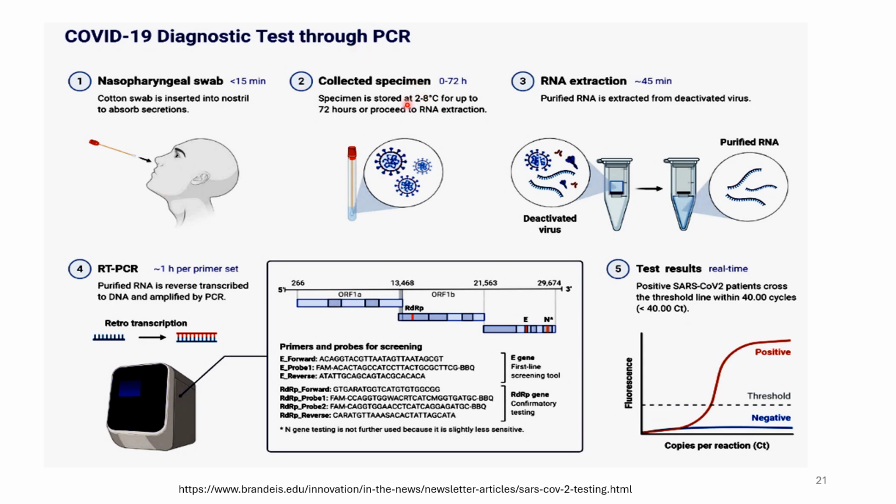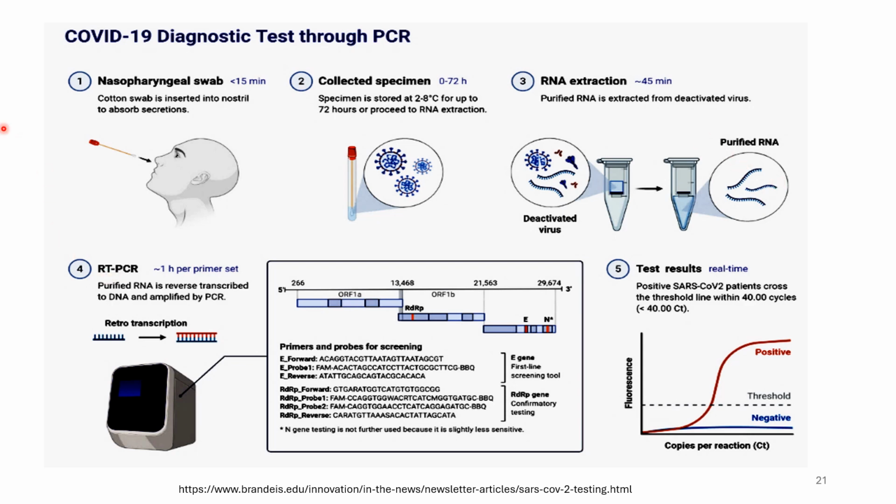The collected specimen can be stored at 2 to 8 degrees for up to 72 hours. The collected sample undergoes a process to deactivate the virus while simultaneously extracting RNA from it. This step is crucial for ensuring the safety of the laboratory personnel handling this sample and for facilitating subsequent RNA analysis.